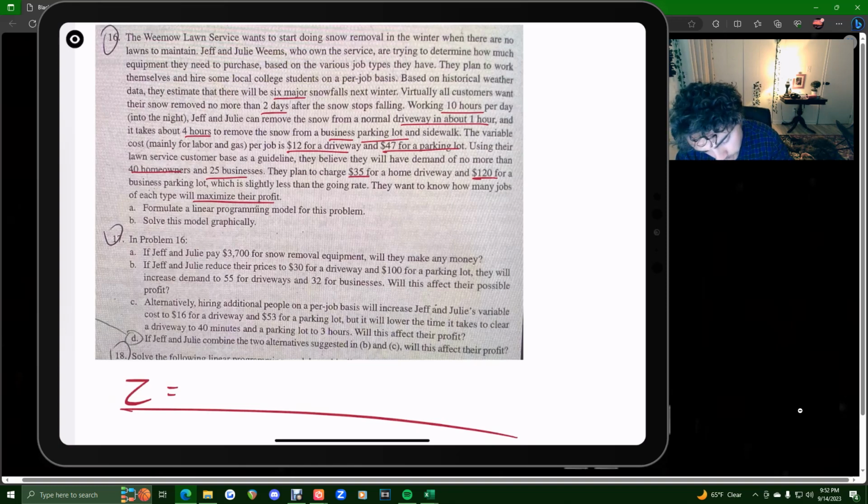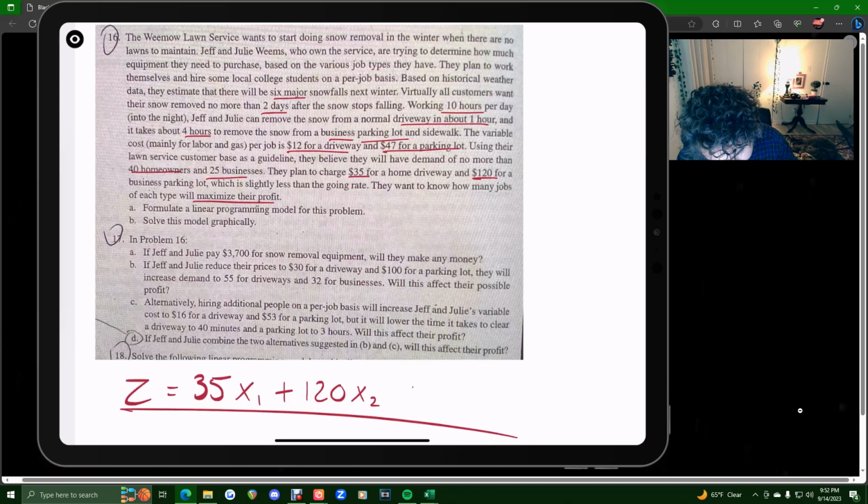So if they are charging $35 per driveway, we're going to call the number of driveways X1. And they're charging $120 for each parking lot. So we'll call parking lots X2. That's what they're charging. That's the revenue they're going to bring in for each type.